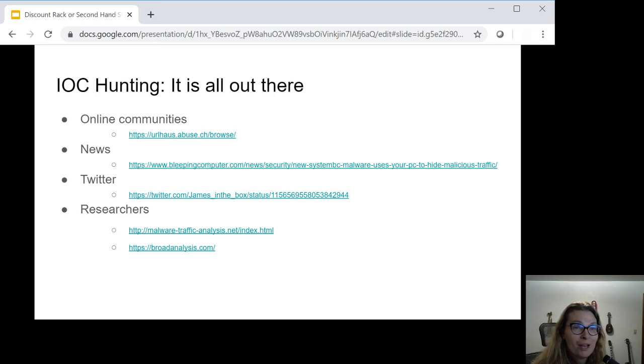This is James in the Box. There's also Cryptolaemus, which is phenomenal. Whoever you are, thank you so much for your hard work, especially around Emotet. And then specific researchers, Broad Analysis, amazing site. Check it out. It's incredible. Malware Traffic Analysis. All of these will have indicators of compromise that you can hunt for.